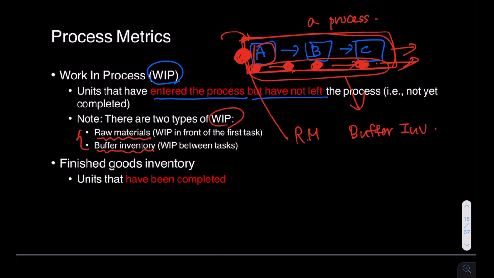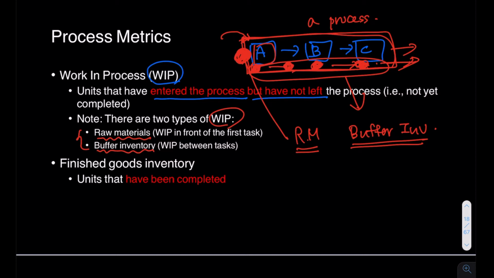I know in accounting, we use some different definitions. In accounting, usually we differentiate work in process from raw material. However, in our definitions, let's say work in process is kind of an umbrella term, and it can be further specified into two different types. One is raw material, and the other one is buffer inventory.